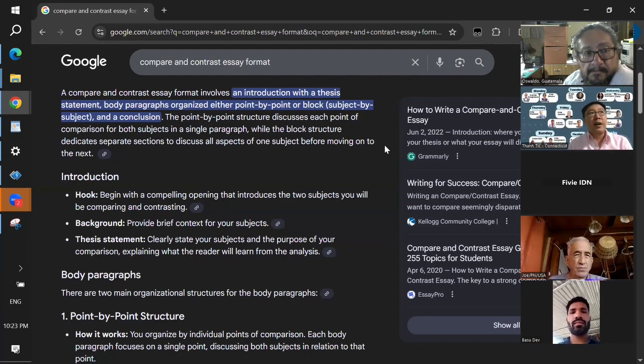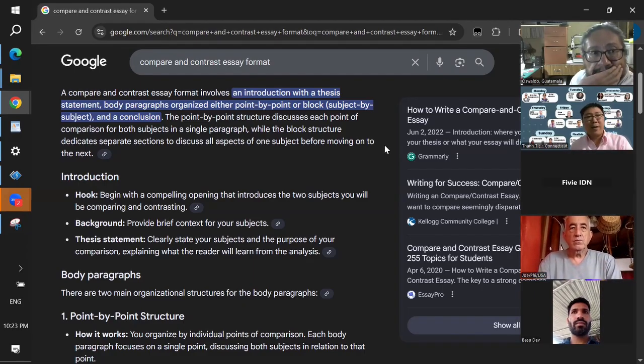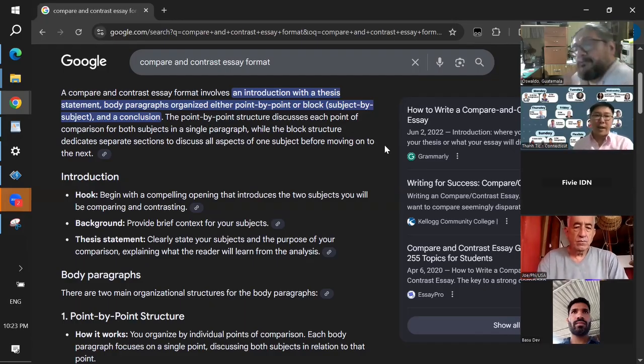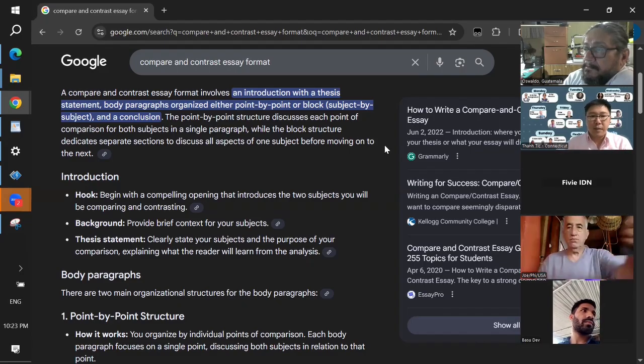So sometimes compare and contrast could just be 4 paragraphs, right? 1 for the introduction, 2 body paragraphs to compare and contrast the 2 points, and then a conclusion statement. Sometimes if it entails a little bit more depth, then you can add more paragraphs for the body. But that's for the most part what the format of a compare contrast is.